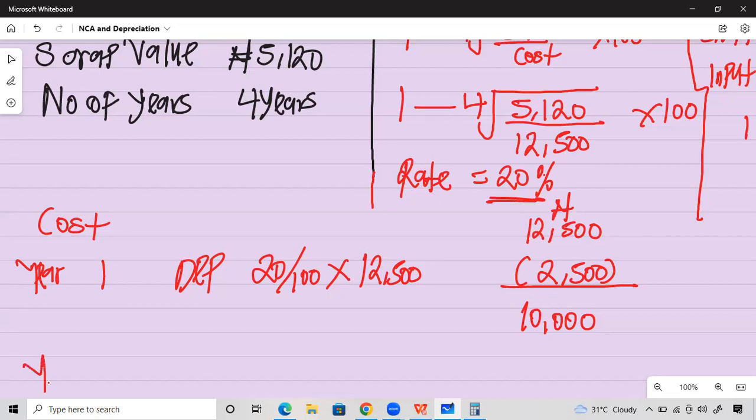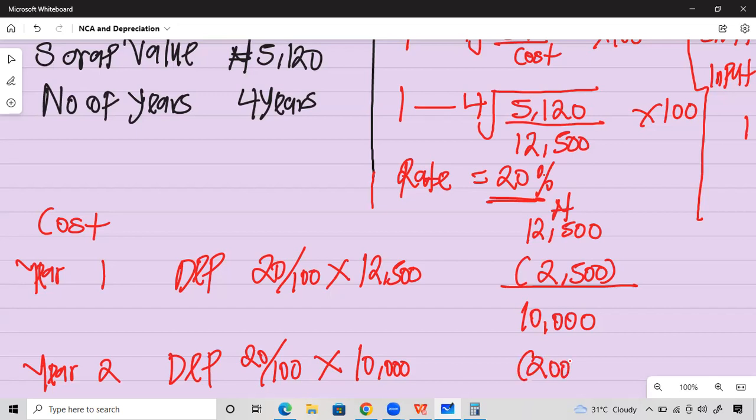You go to year 2. You say depreciation, still based on the rate. We call it reducing balance. The depreciation now will be on 10,000 naira. 20% of 10,000 is 2,000.